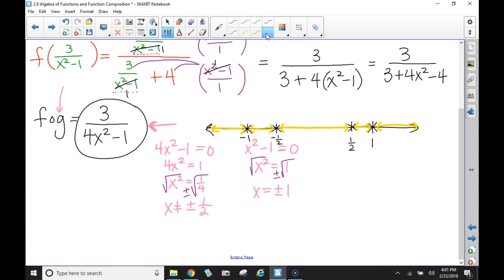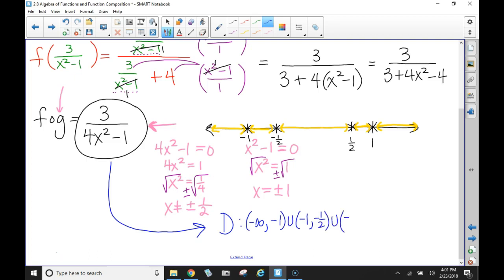Okay, so for our domain, let me see, what color do I want to use here? Blue, maybe. To express the domain of that function, f composition g, it's going to be negative infinity to negative 1, unioned with negative 1 to negative 1/2, unioned with negative 1/2 to positive 1/2, unioned with positive 1/2 to positive 1, unioned with 1 to positive infinity.